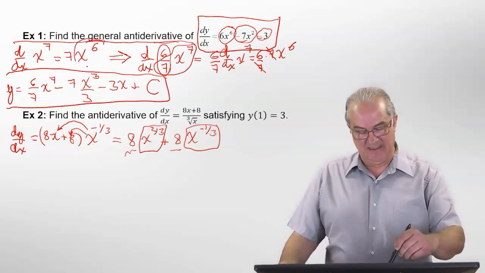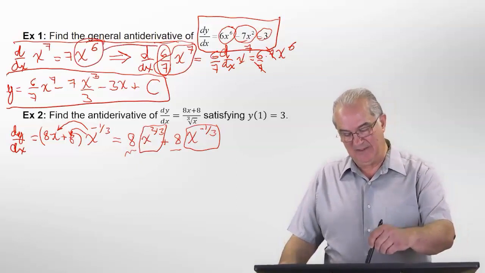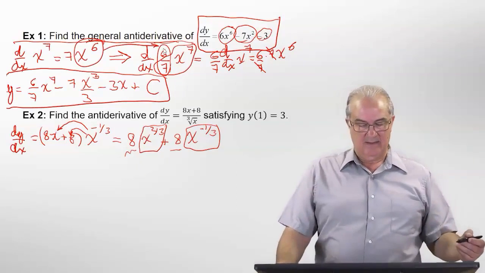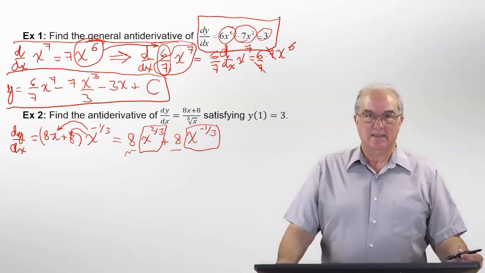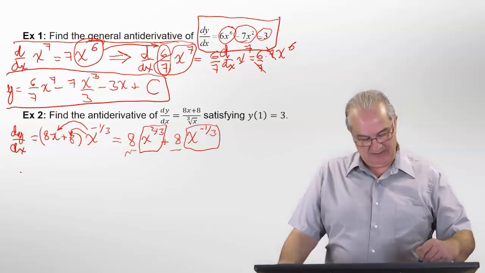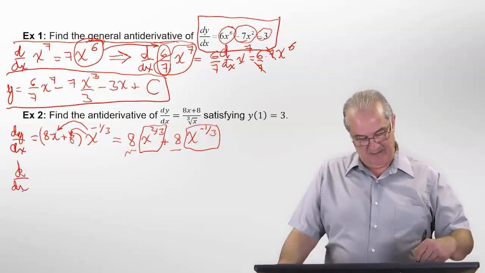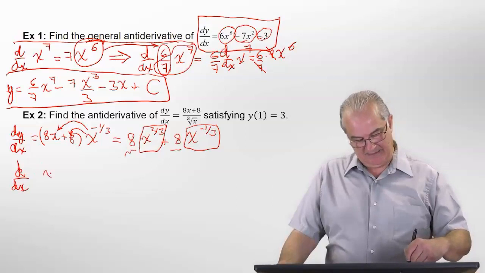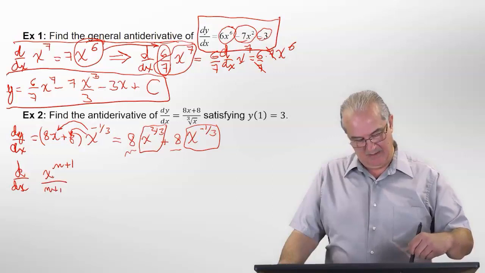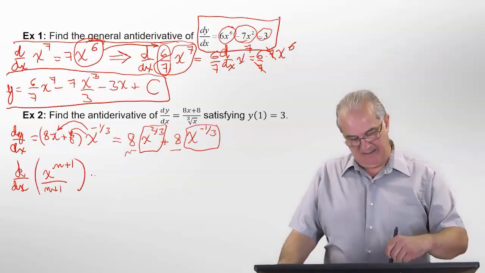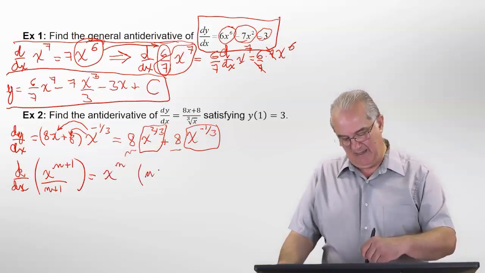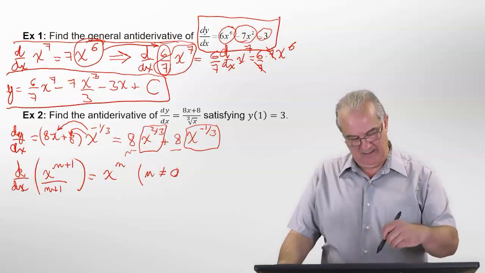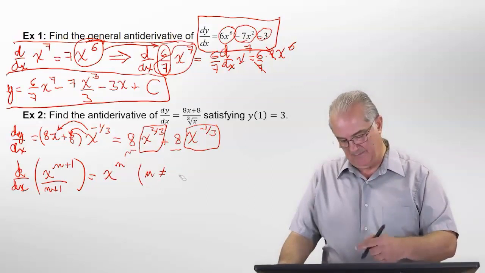We had x to the 6th, and anti-differentiating, we found x to the 7th over 7, and that is completely general, because d by dx of x to the n plus 1 over n plus 1 is equal to x to the power n for any number n other than minus 1.